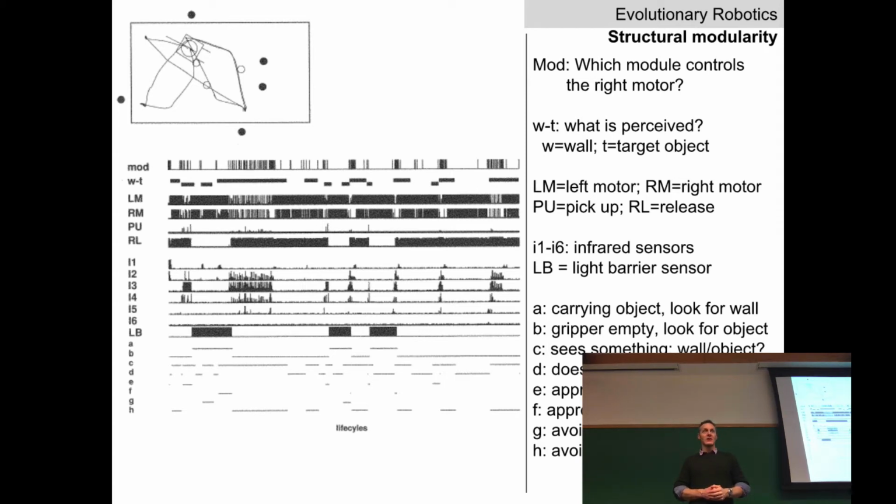Okay. Do the modules in the top row correlate with when the robot is holding the object? Which would probably be the most obvious modular decomposition for us. Is module A in charge whenever it's not holding an object, and is module B in charge whenever it is holding an object?